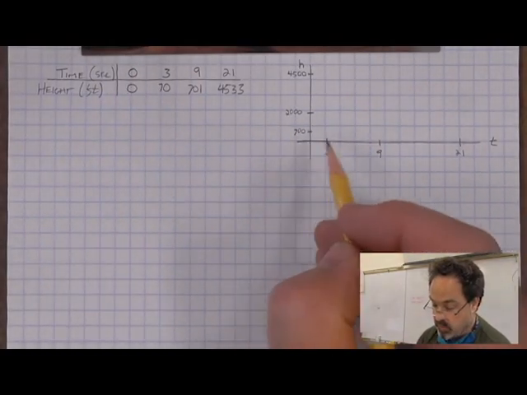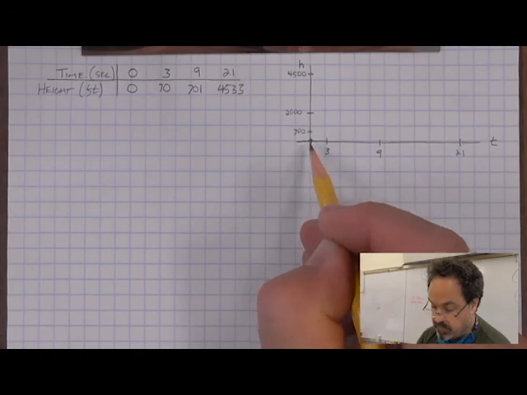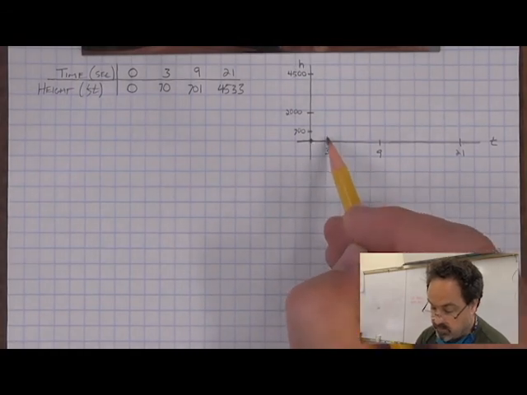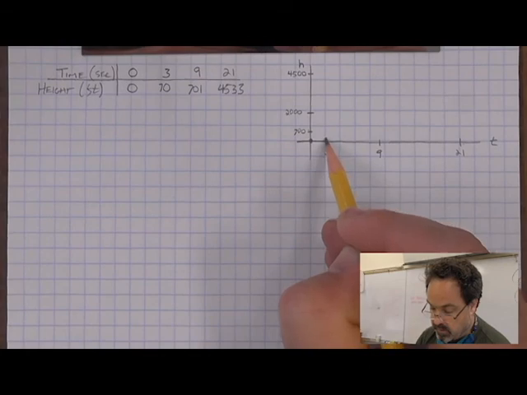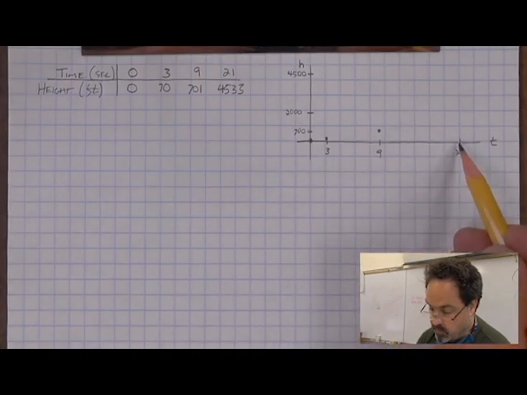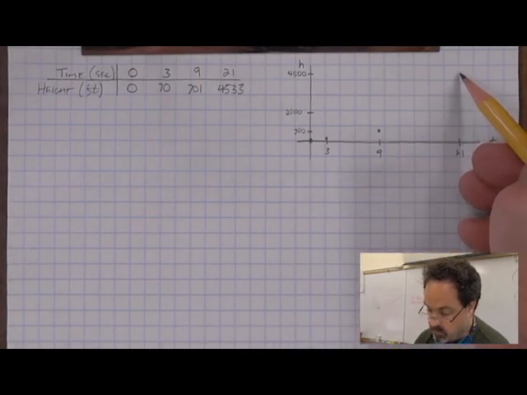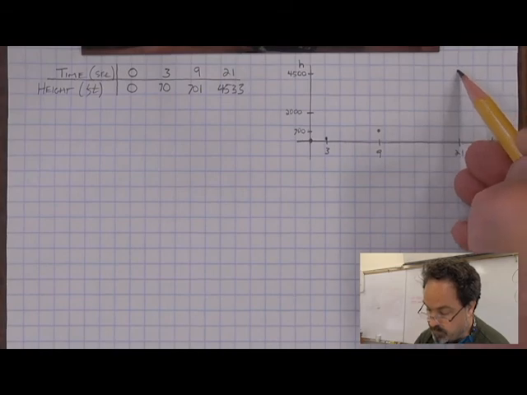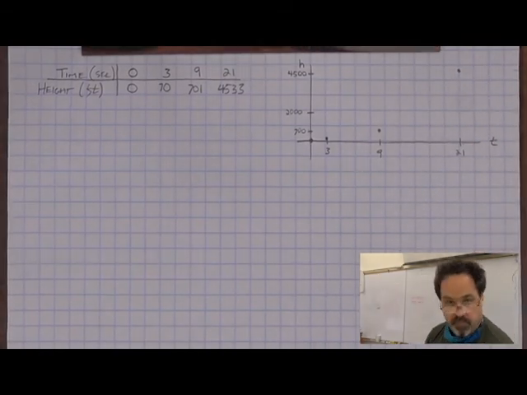Plotting these points, the point 0, 0 is at the origin. After 3 seconds, we have just a little bit of height. After 9 seconds, 701. And after 21 seconds, we are over the 4,500 mark, approximately there. So this is a few data points.